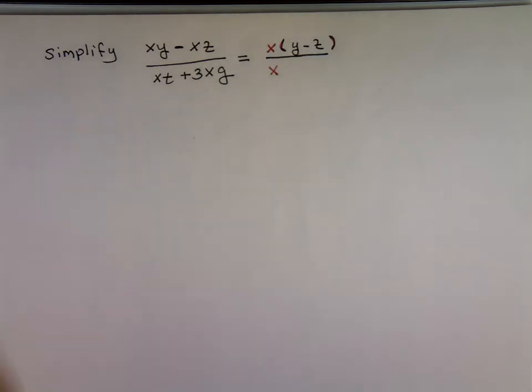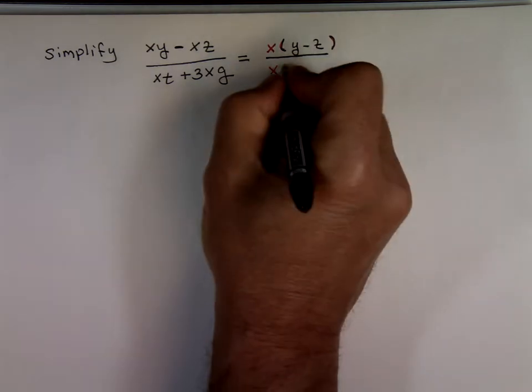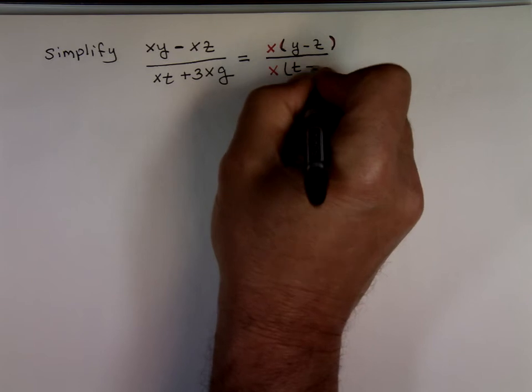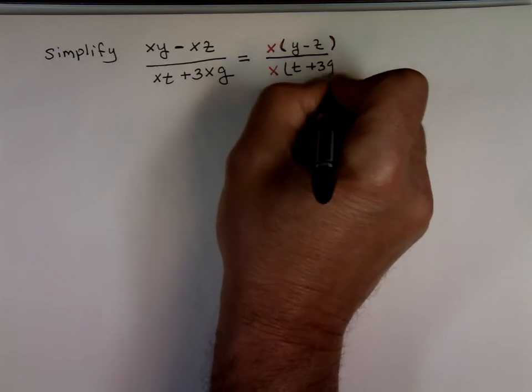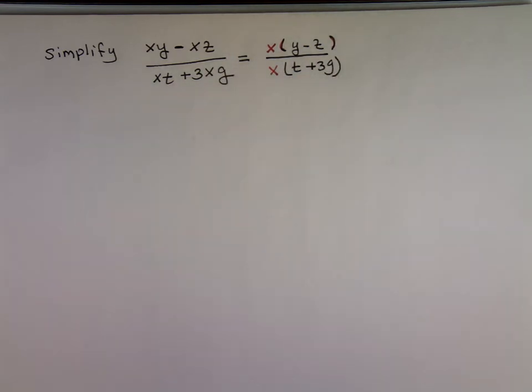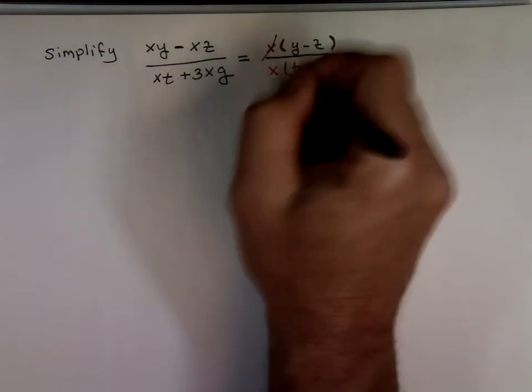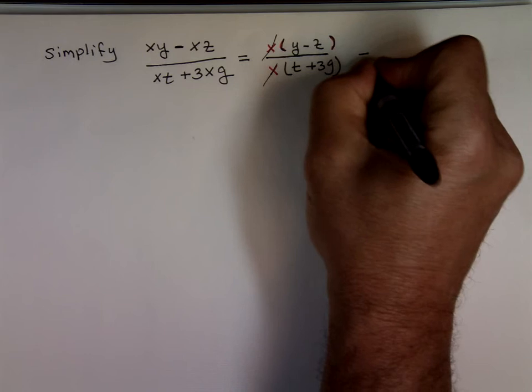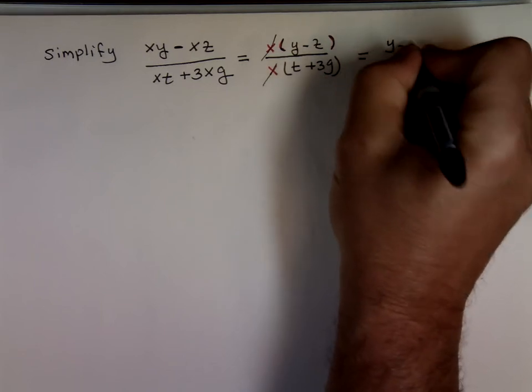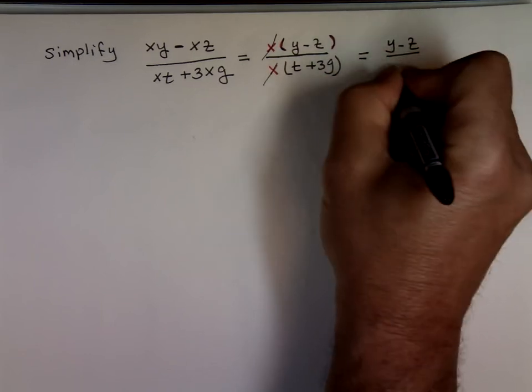If I factor an x, what's left? T plus 3g. Notice the x is common to both of them. It's gone. And my answer is y minus z over t plus 3g.